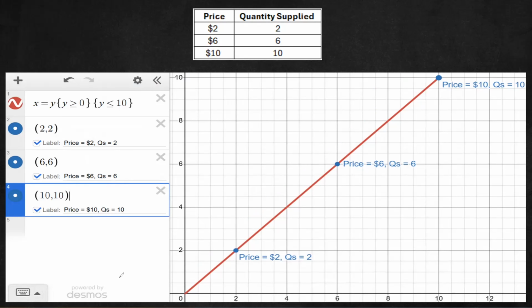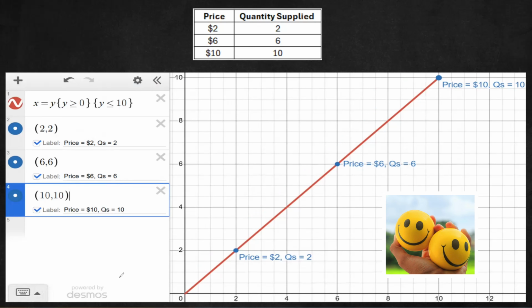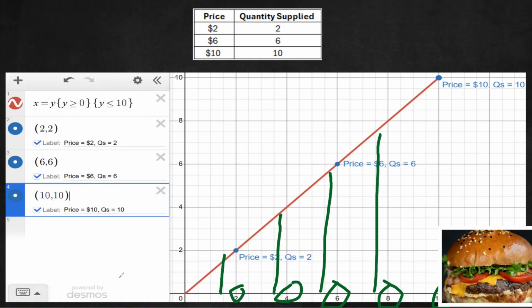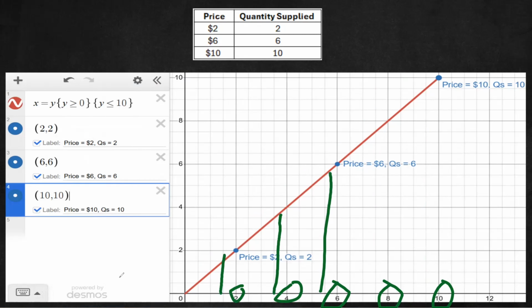What that helps us understand is that as producers, let's pretend that you and I are professional hamburger producers, right? As more consumers purchase these, and we go from quantity supplied of 2 to 4 to 6 to 8 to 10 on our x-axis, it shows us that as the price goes up, we are going to produce more and more hamburgers, which is why we have an upward sloping supply curve.